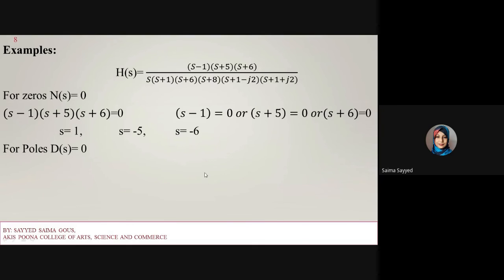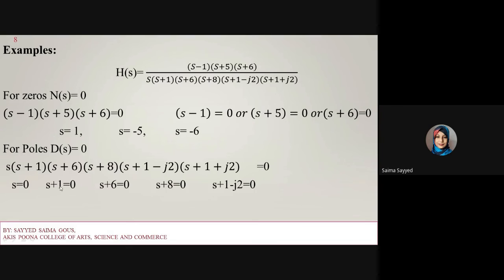For poles, we know that the denominator is equal to 0. So substitute the denominator equal to 0, so s = 0, s + 1 = 0, s + 6 = 0, s + 8 = 0, then the next term s + 1 - j2 = 0, and the last term s + 1 + j2 = 0.